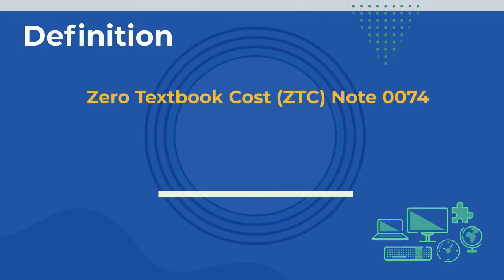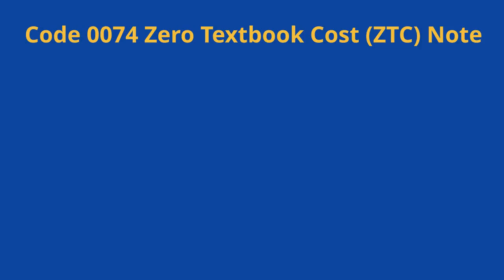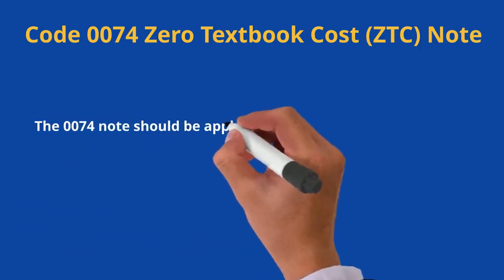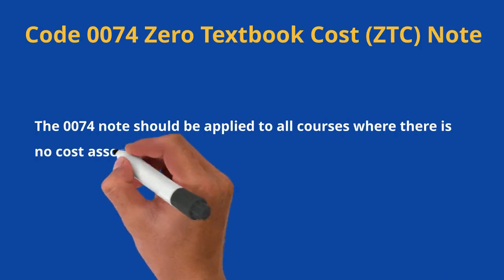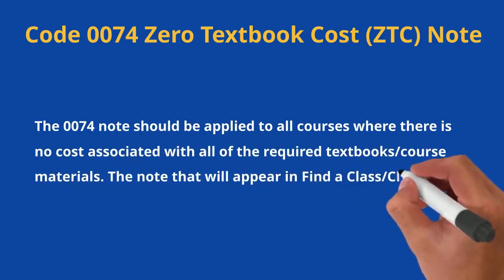The definition of the zero textbook cost, ZTC Note 0074, is that the total cost of required instructional materials for this Z class is $0. The 0074 note should be applied to all courses where there is no cost associated with all of the required textbooks or course materials.